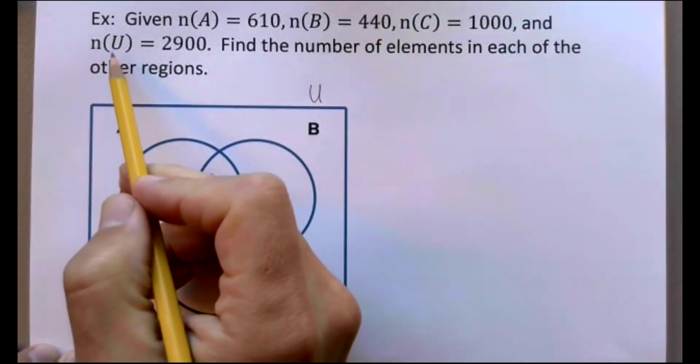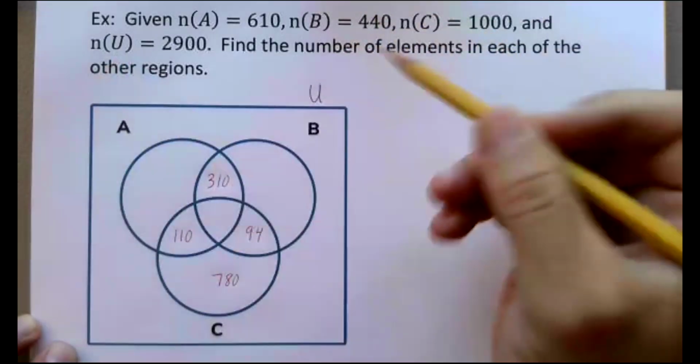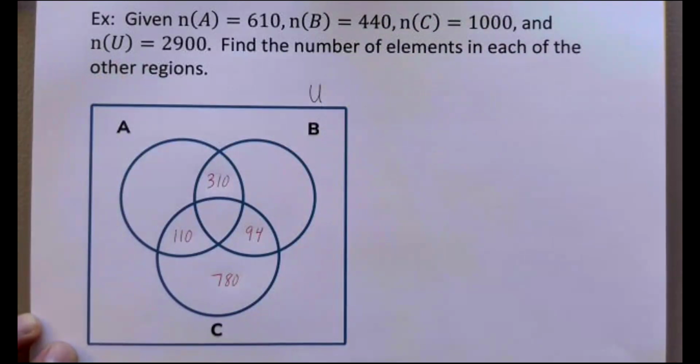Remember, when we use the letter U to represent a set, we are always referring to the universal set. And that's the whole entire Venn diagram. So all the stuff on the top is given to us, but also notice there's some other stuff given to us. So these 4 things in red are also considered as given. And our job is now to just fill out the rest of the Venn diagram.